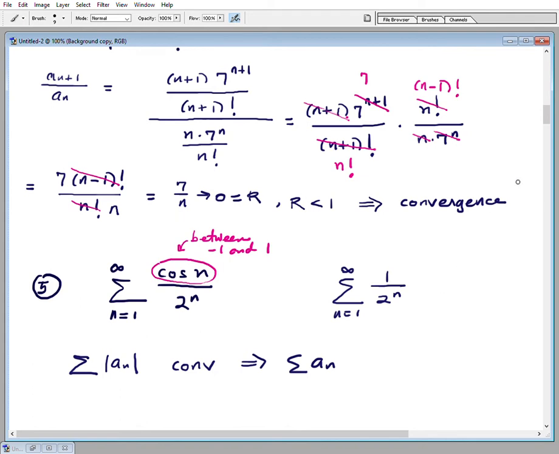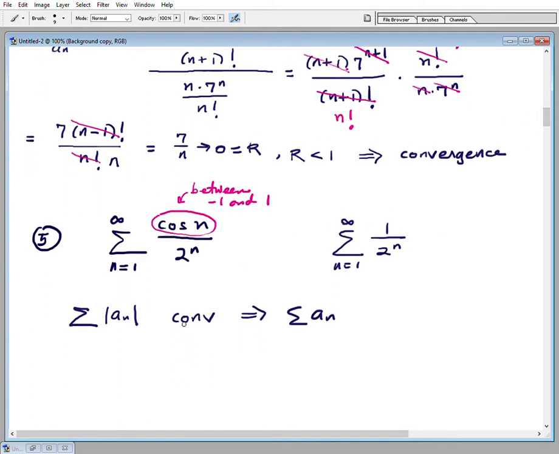So in this case, we can use that here. Let's look at the absolute value. This sum, if we take the absolute value, we can do a direct comparison. Well, let's take one term at a time, not the whole sum. This is less than this, because the cosine n in absolute value is at most 1.